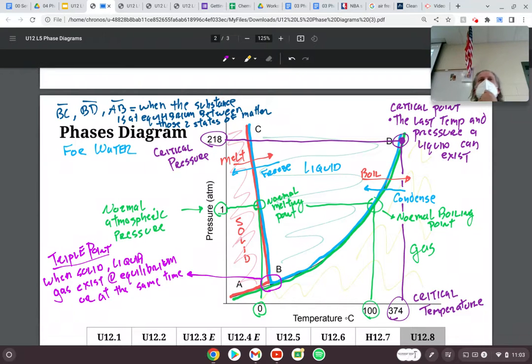Now, an example of this would be sometimes in the winter when we have snow on the ground, right? We have snow on the ground, and sometimes it gets foggy when there's snow on the ground. Okay. Snow is an example of solid water, right? It's ice. Fog is sort of an example of gaseous water, right? Because it's kind of floating around in the air.